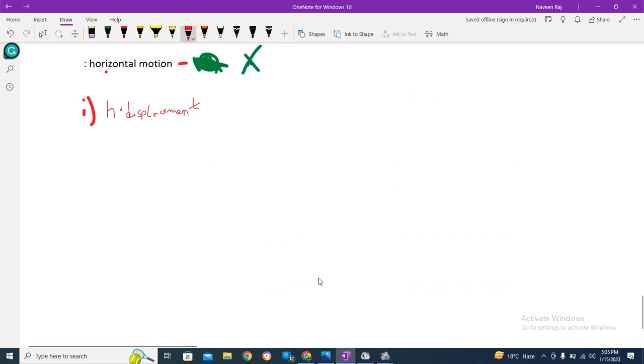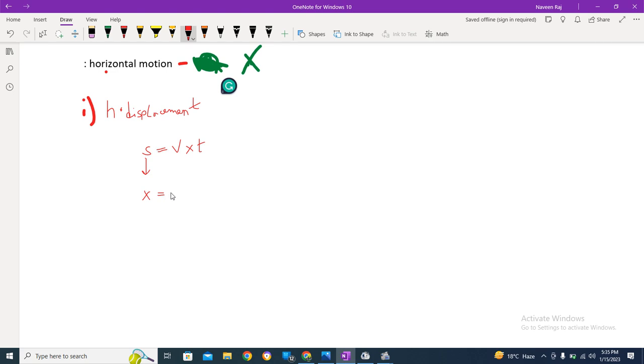So displacement is a kind of distance, so we write s, and the formula we know is s equals v into t. In the case of horizontal projectile motion, s is actually s_x, in the x direction, and what is the formula of v in the horizontal direction?